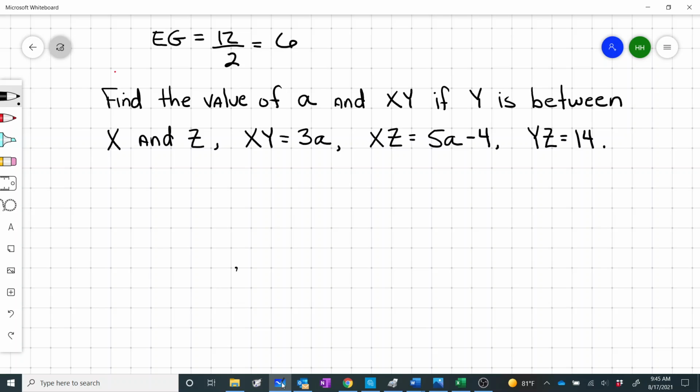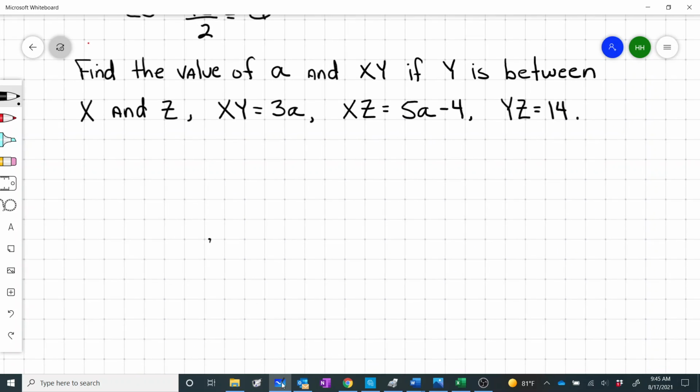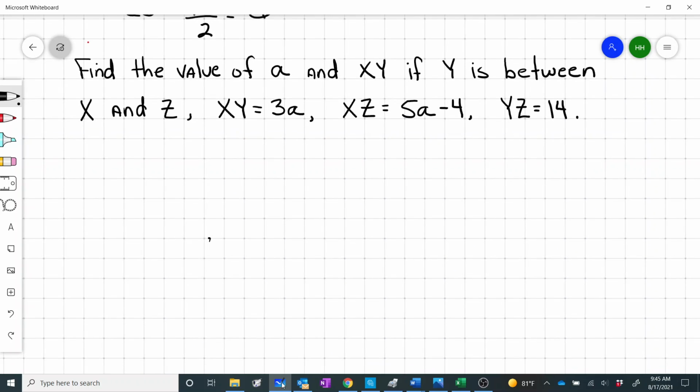When you're given this as a question, first thing you want to do is draw a picture. The pictures are way easier to deal with. So it says that Y is between X and Z. So let's get a segment down here.